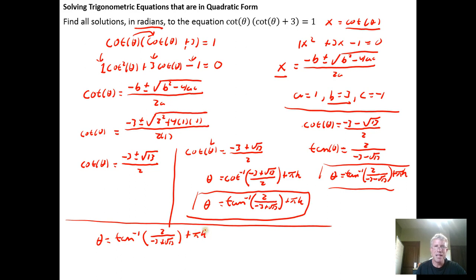And the more I look at this, the more I just want to write it plus or minus the square root of 13. I think that would be a fine way to do it. And we need to tell the readers that k needs to be an integer.